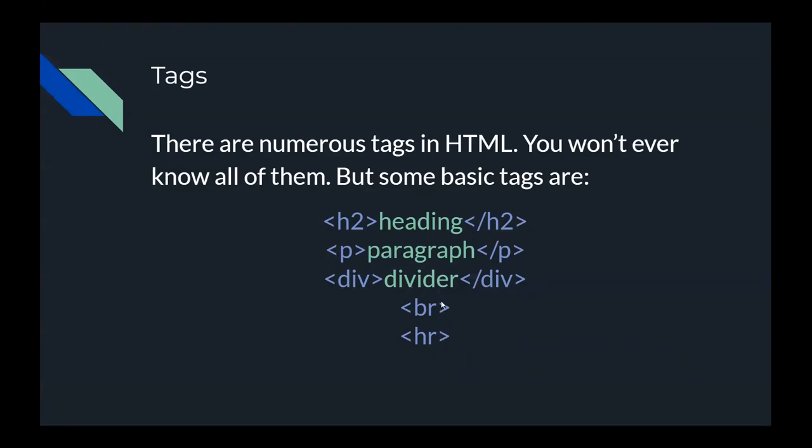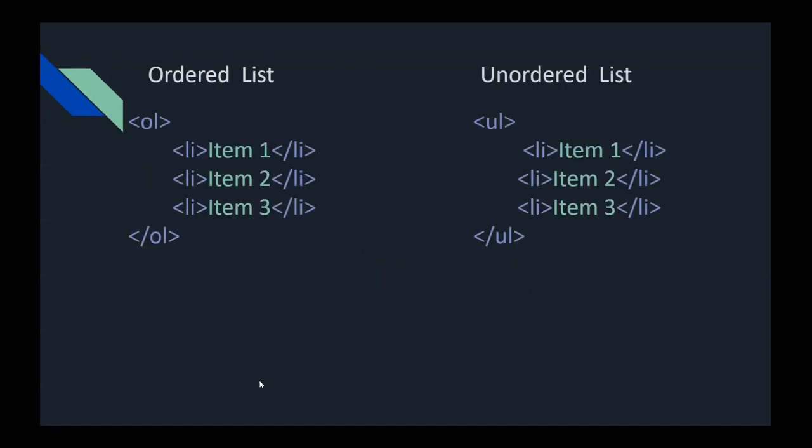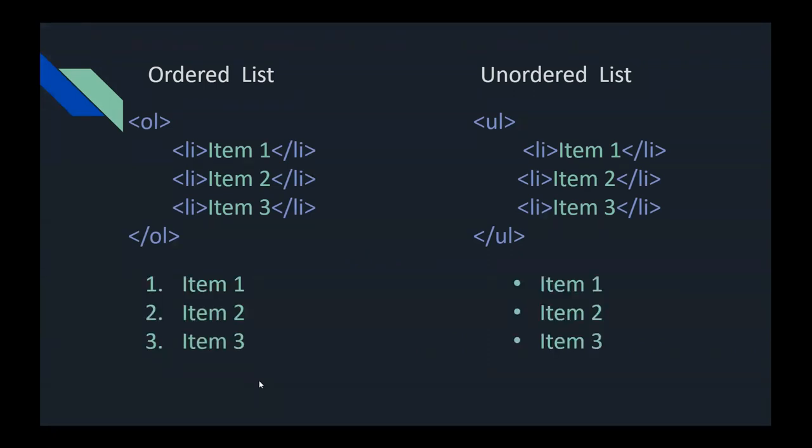They have nothing to contain text in. These guys are paired tags. They are not empty. They have stuff inside them. These guys do not. And that includes the image tag, which we'll talk about in a moment. We've got our ordered lists as well. And that's what they look like, right? Ordered list, unordered list.